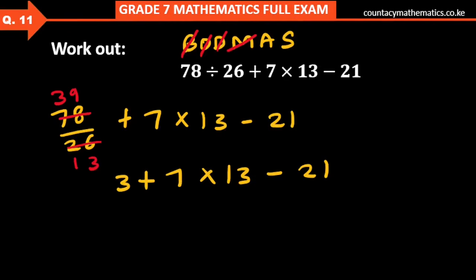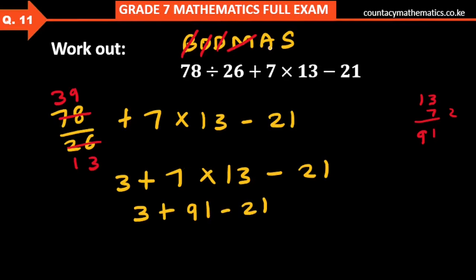This one you can do somewhere, like you say, you want to do 13 multiplied by 7. 7 times 3, that's 21, write 1, carry 2. 7 times 1, that's 7, plus the carried 2, that's 91. So you go ahead and replace it right here. But now this 3 is going to remain there, and then you have plus, what you obtain here is 91, and then minus 21 like that.